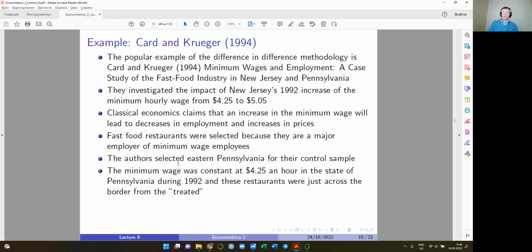In Pennsylvania, the minimum wage was constant at $4.25, the same initial level, and during the whole year it was the same. Therefore, these restaurants just across the border were taken as a control group.